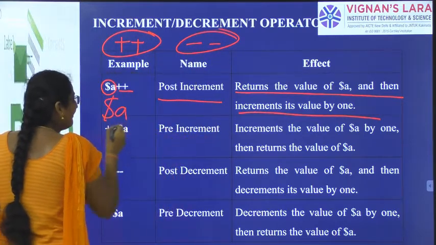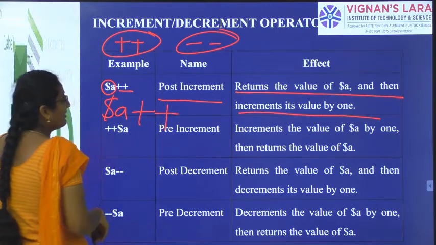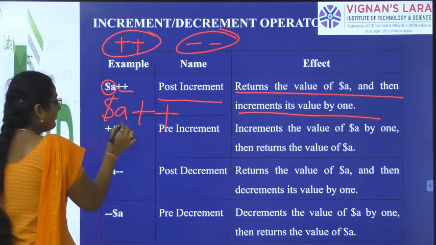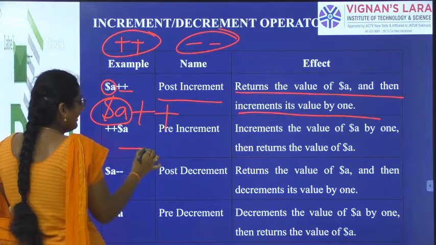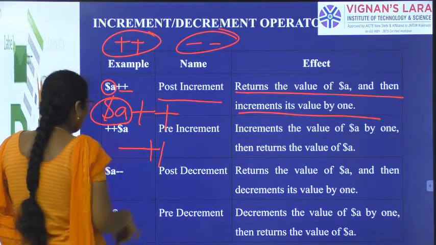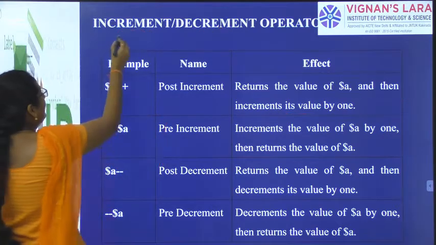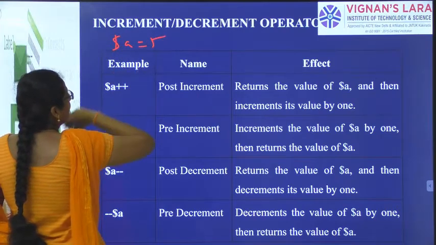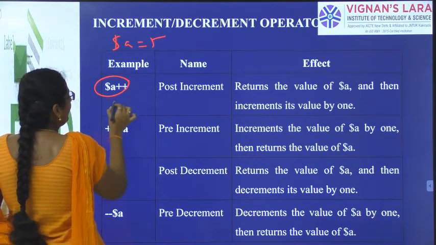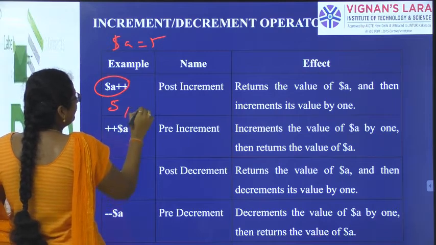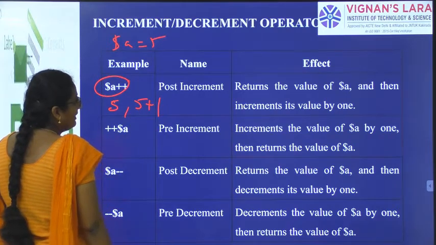First I am creating a variable, then I am applying increment. So what should happen: first the $A value should be displayed, then the increment will be done by 1. $A equal to 5. What will happen here? 5 will print, then 5 plus 1 will be done.